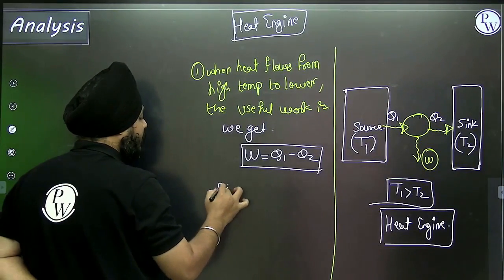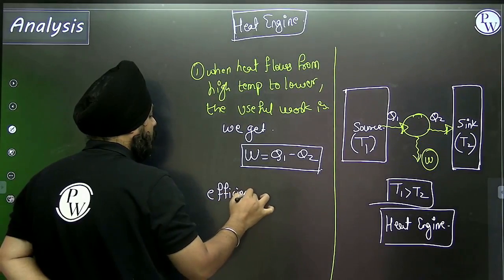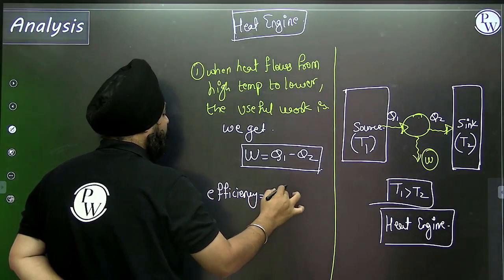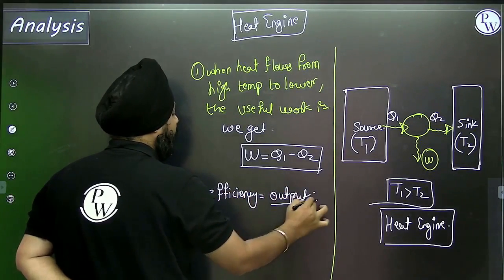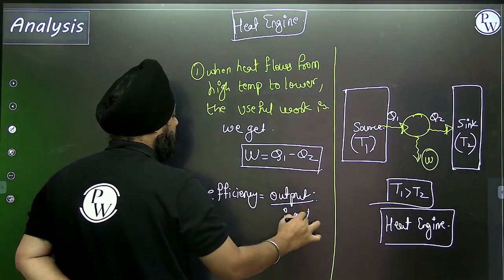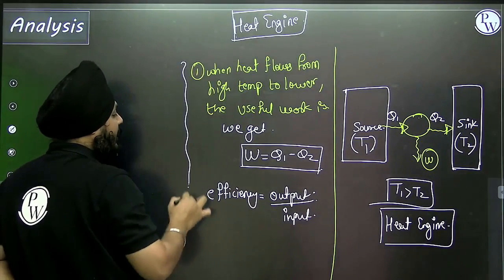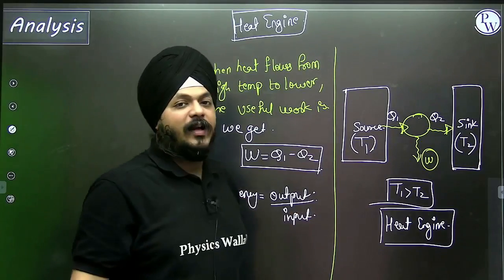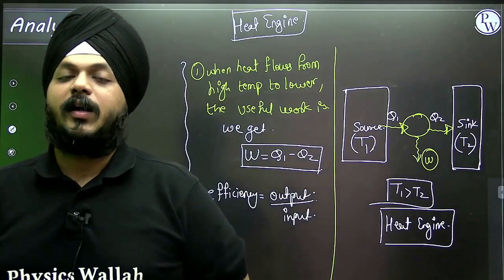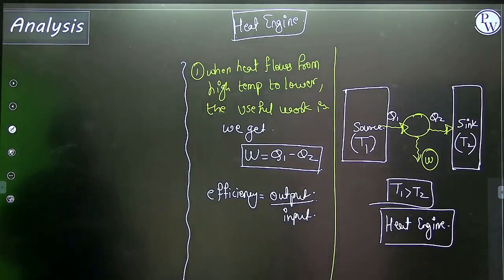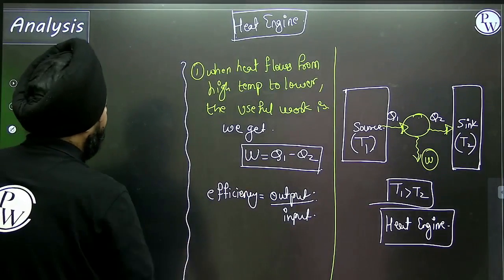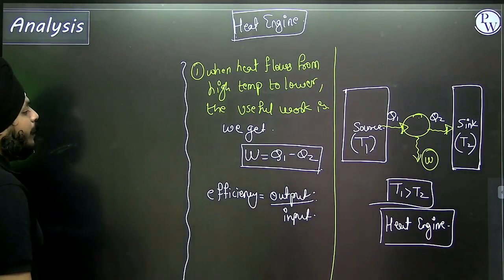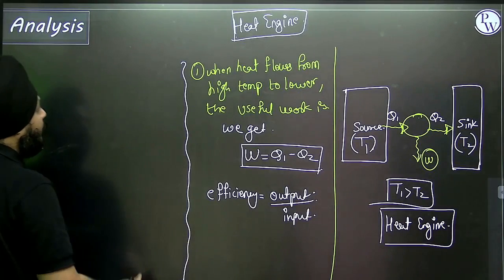What is efficiency? Can we say efficiency is output divided by input? In the heat engine, are we not getting the output as work done? Yes, we are getting the output as work done.